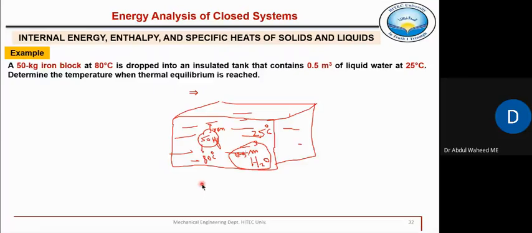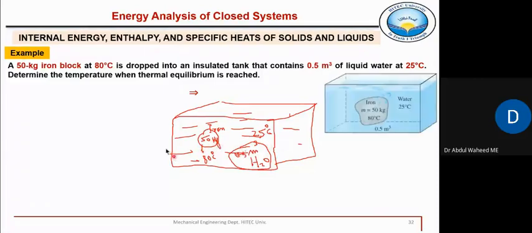So there is energy transfer. Insulated tank है, so no energy can cross the system. So now let's see that this tank is our system. So you see system, within this system, this process has occurred, if we consider this whole tank as our system. Solved example है आपके book की.